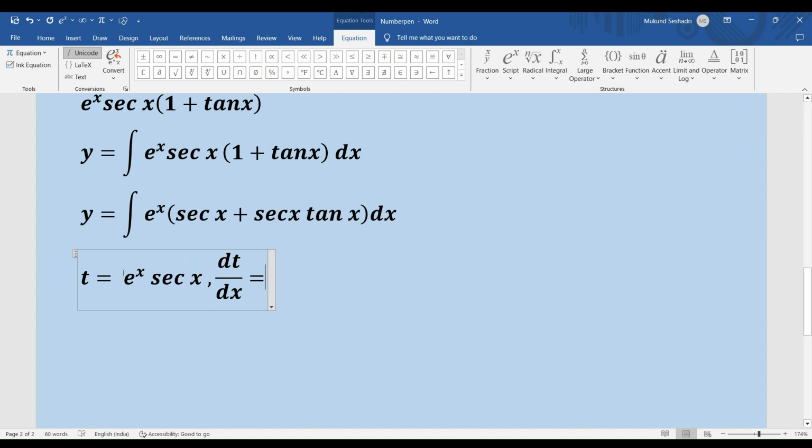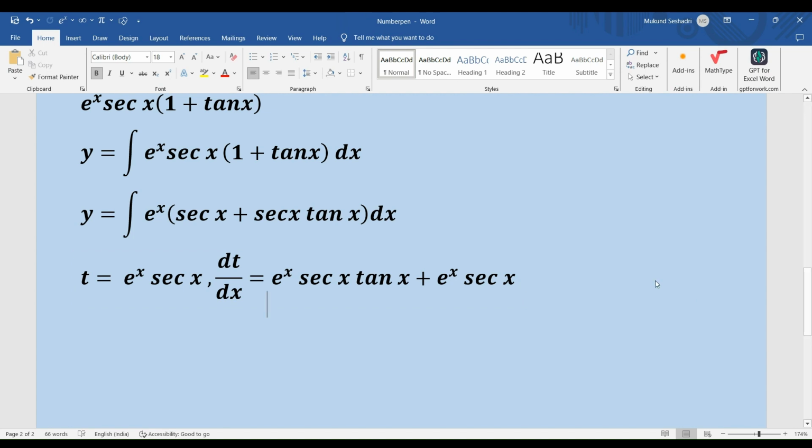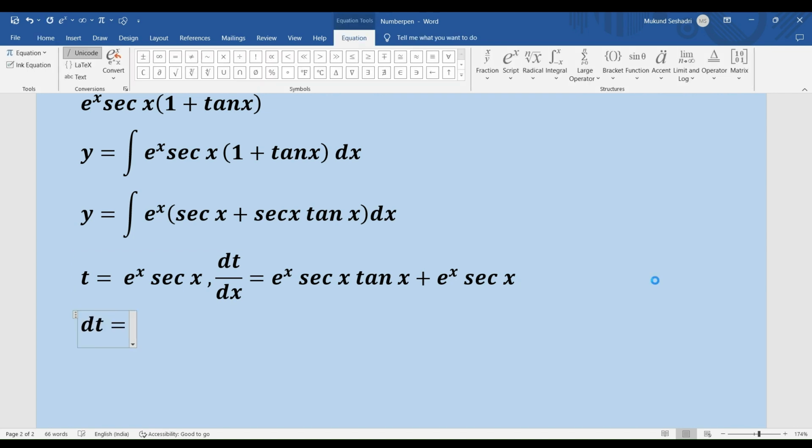And when we write that, what I get is e to the power x times secant x tan x plus again my d by dx of e to the power x is e to the power x times secant x, right? So when my dt by dx equals this, my dt will be equal to e to the power x times secant x plus secant x tan x dx, right?